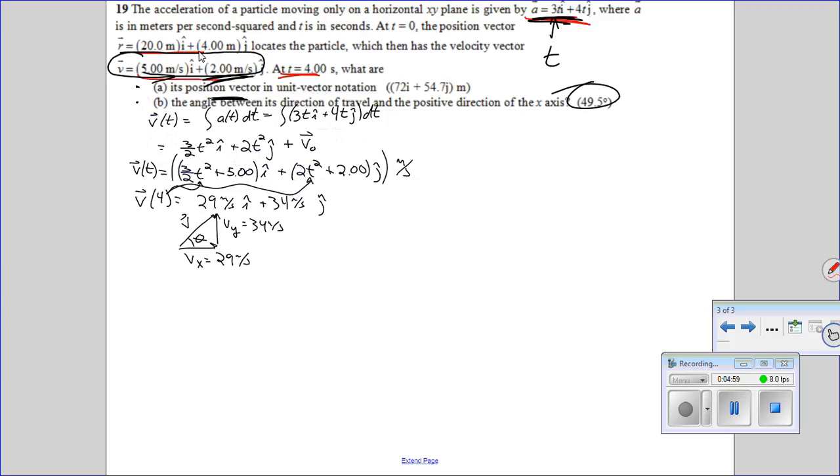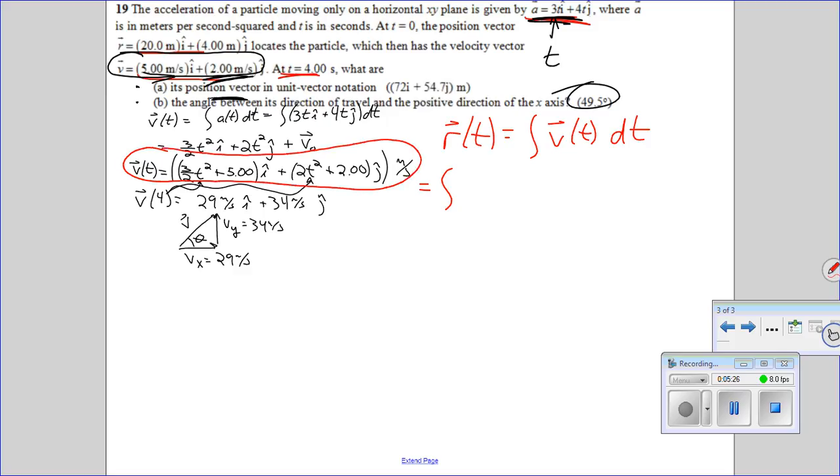All right, so now to find the position vector, well, remember, we know that position is the integral of velocity, right? So here we go. Our position at time t is going to be the integral of the velocity at time t with respect to time. So that is the integral of this velocity vector that we had.